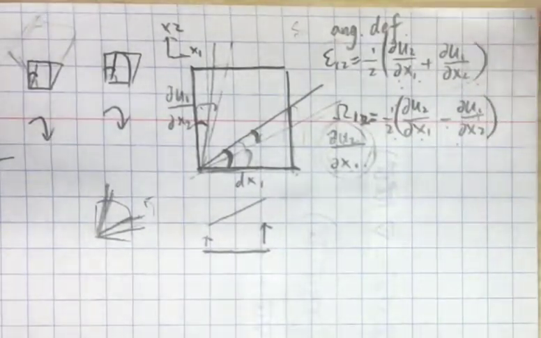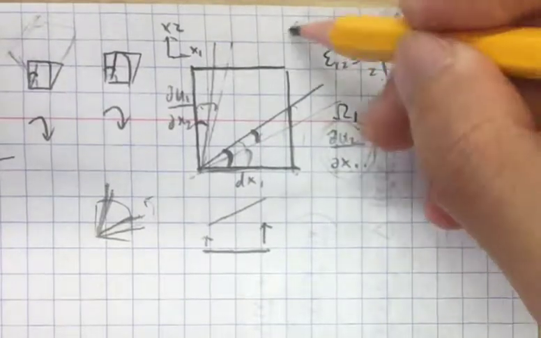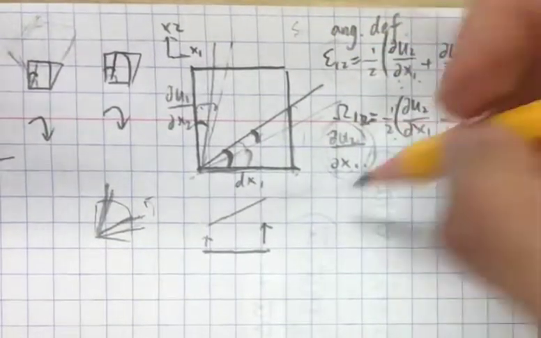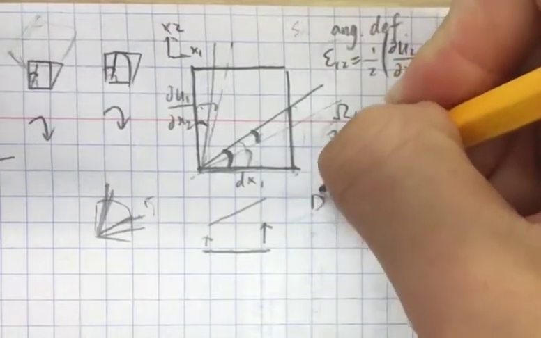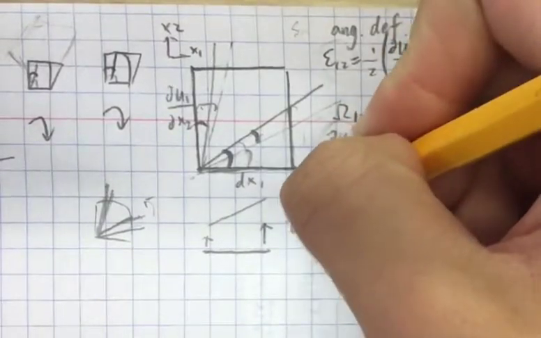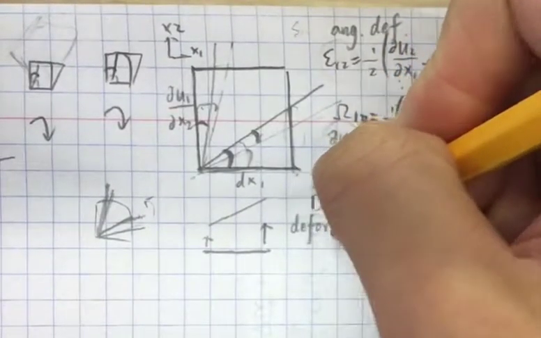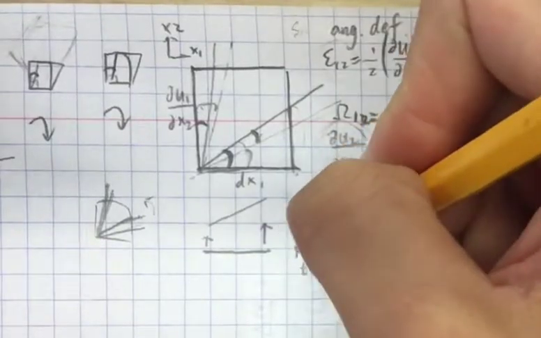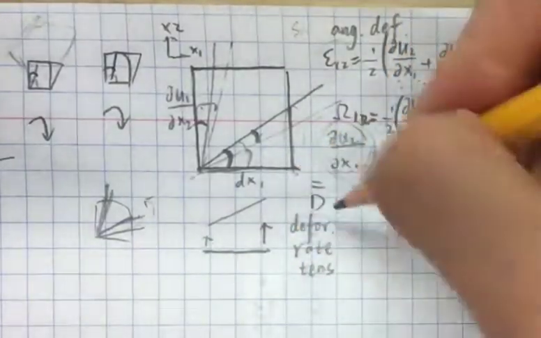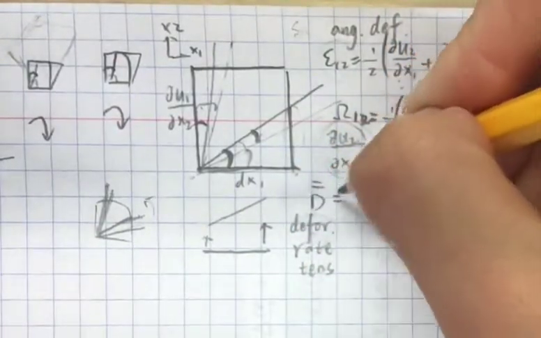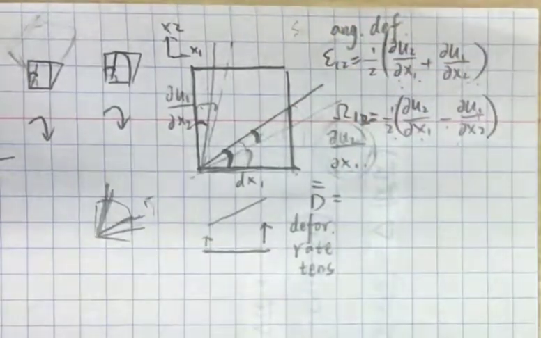Okay, so now we get the two tensors. First, we have the deformation tensor, or to be more exact, the deformation rate tensor. We call it D for deformation. This is just the tensor formed by all the epsilons.